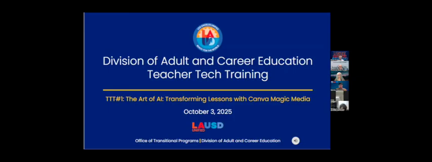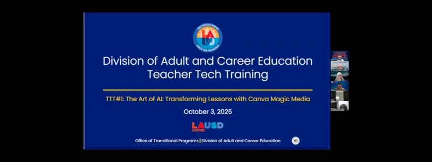So again, as adult educators, our role is to be equity champions, building inclusive and flexible classrooms where every learner can succeed, regardless if you're a literacy student in an ESL class, a CTE student, or a high school student. We want every student to succeed.